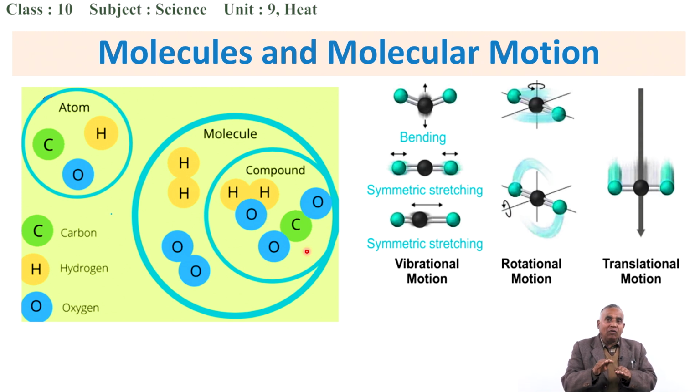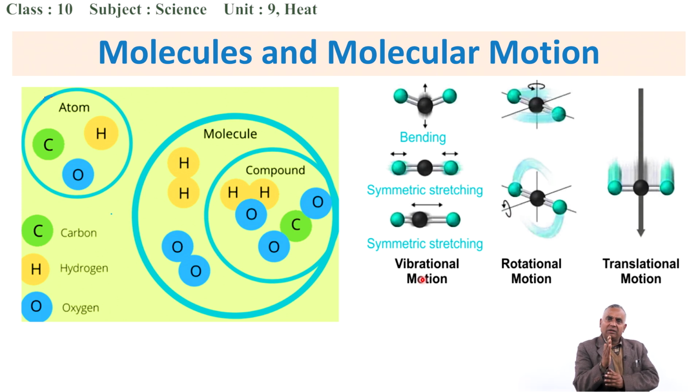And these molecules are generally not still. They are always moving, and that motion is of three types: vibrational motion, rotational motion, and translational motion. To make you understand these motions, a diagram is given. This diagram shows vibrational motion, which means the particle vibrates about a mean point.